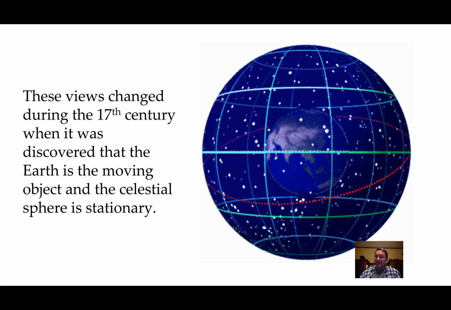In this case, the Earth is the actual moving object and the celestial sphere is the stationary object. So now you can see what causes the constellations to move through the night sky? It's actually our rotation. What causes the changing constellations? Well, it's our revolution. We'll talk about that more in depth in the next video, where you can see how the night sky moves based on the Earth's motions.